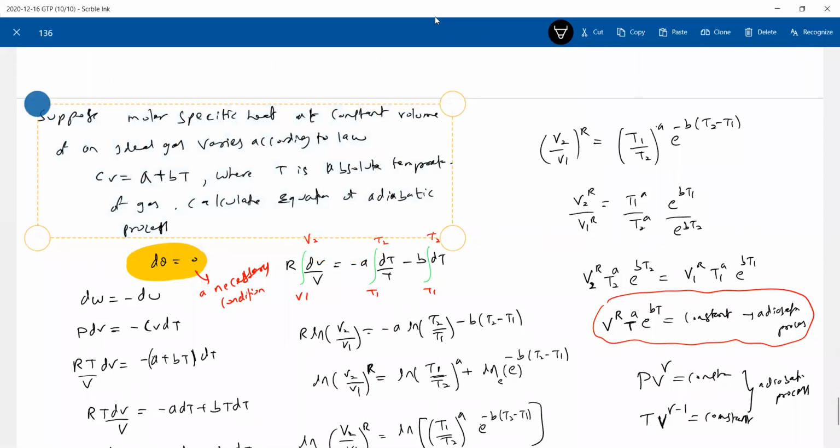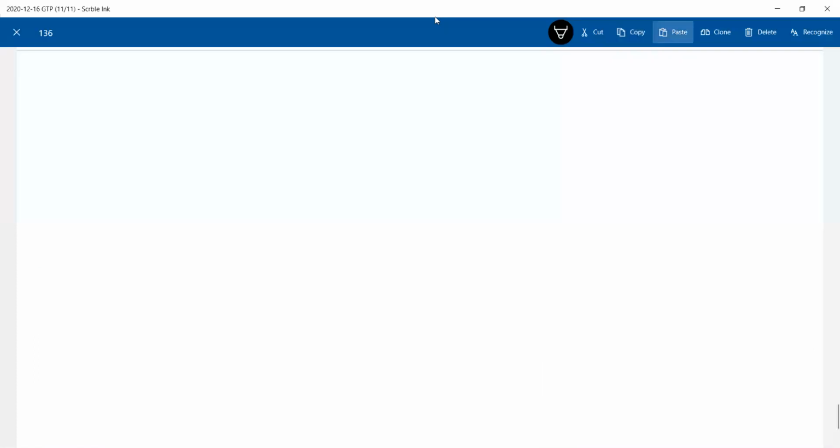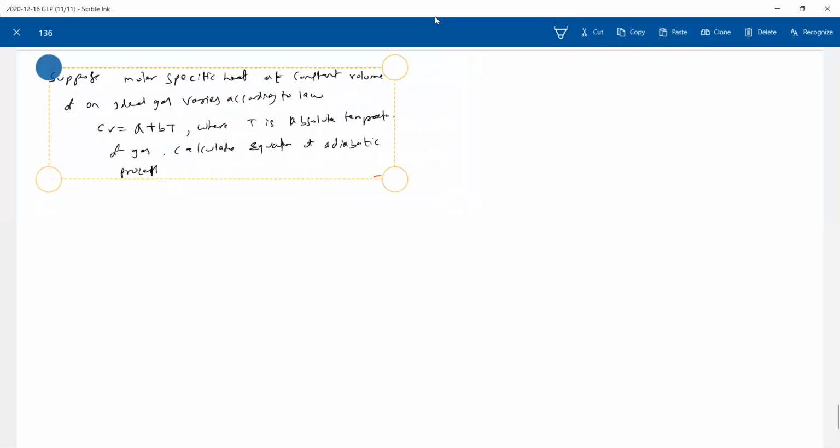I'll give the next question, try to work this out. This varies according to V, where V is the volume of gas.